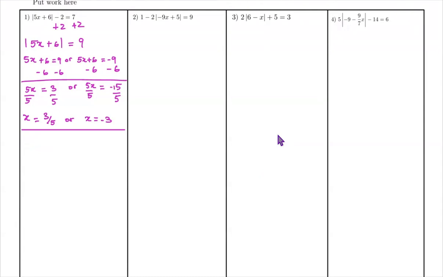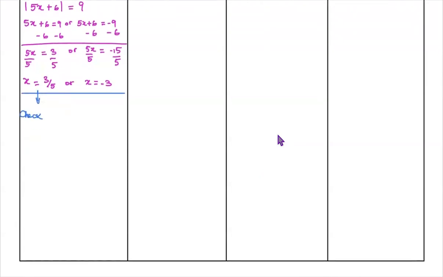Let's see. We're going to check the first solution. We're going to check this one. So that's absolute value of 5 times x, which is 3/5, plus 6 minus 2, is it 7?